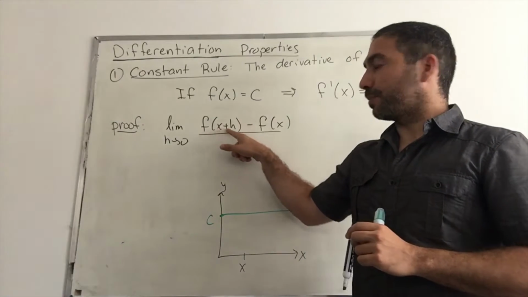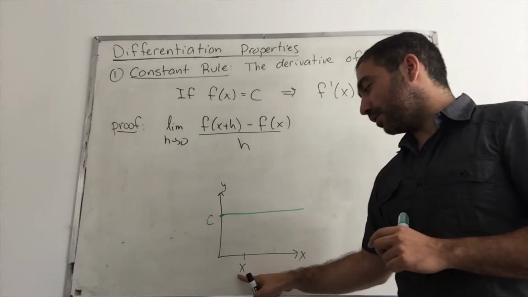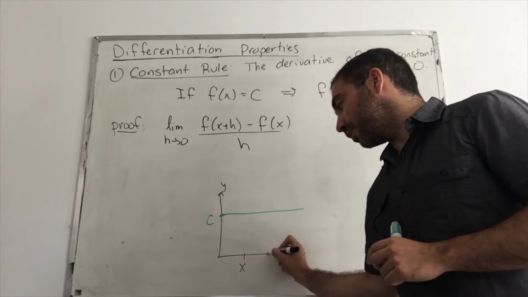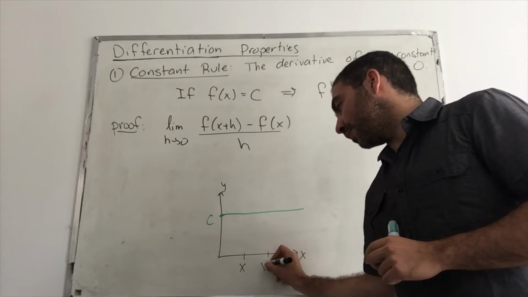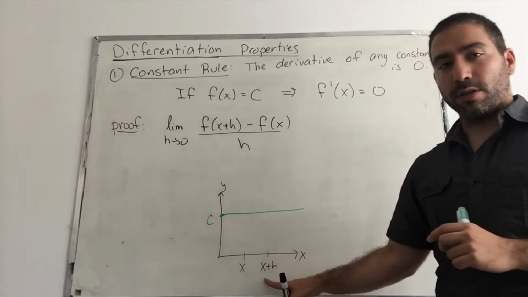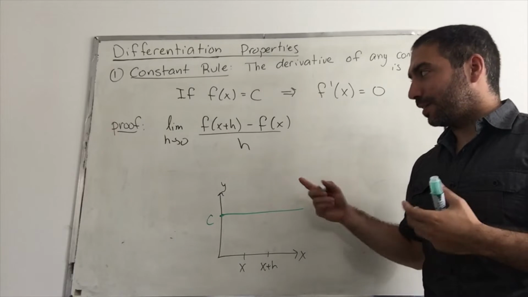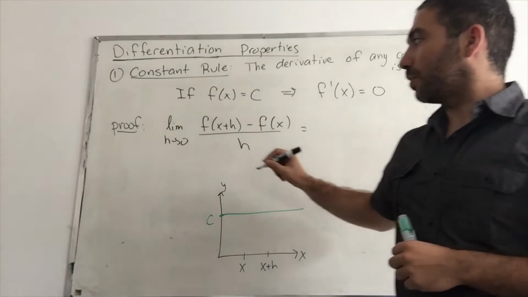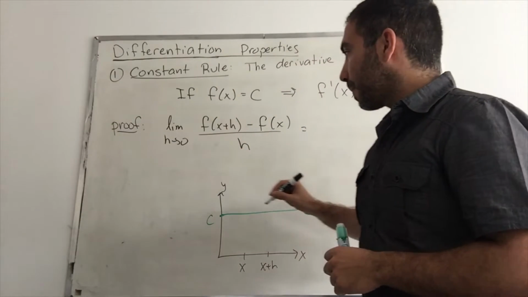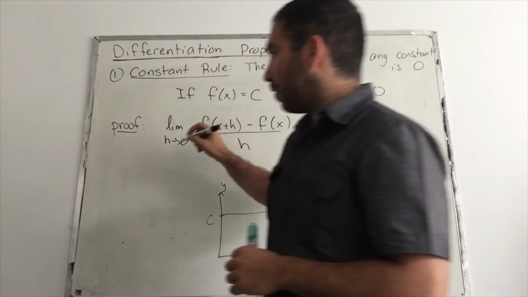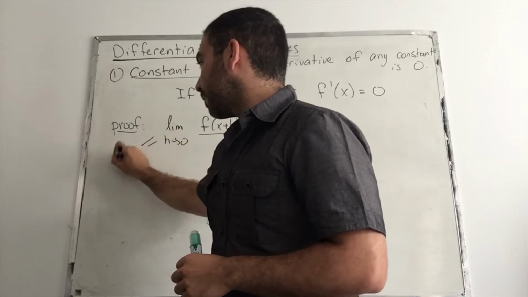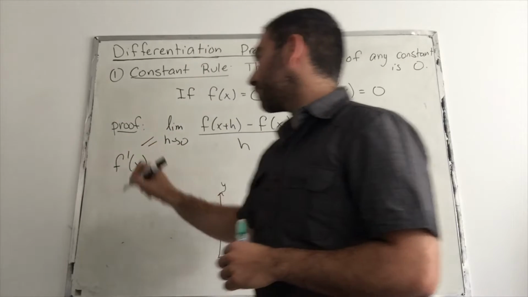Over here we have f of x plus h. If we shift over by h, from this x to this point x plus h, what value will we hit? It's also c. Just remember this is f prime of x, so I should have started with f prime of x.